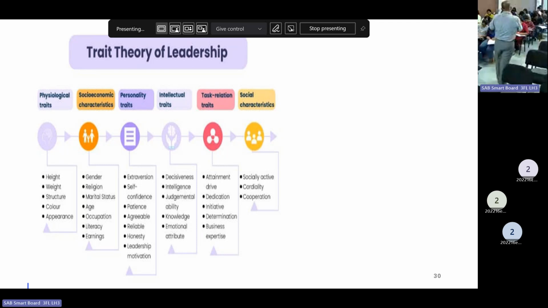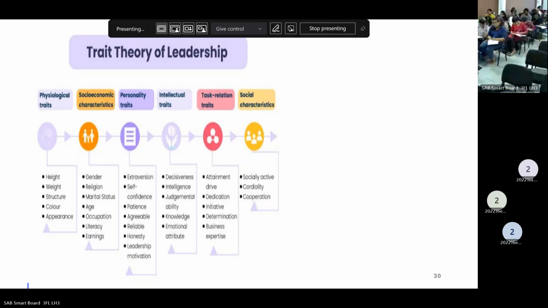Now they are grouped into six for easy understanding rather than having 101 characteristics. Is it clear? Earlier they said 100, then grouped into three: physical, personality, and intelligence. Now they are grouping into six: physical traits, socio-economic characteristics, personality traits, intellectual traits, task relations, and social characteristics.